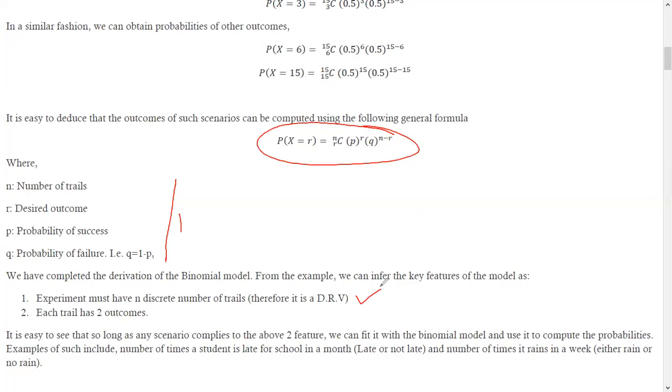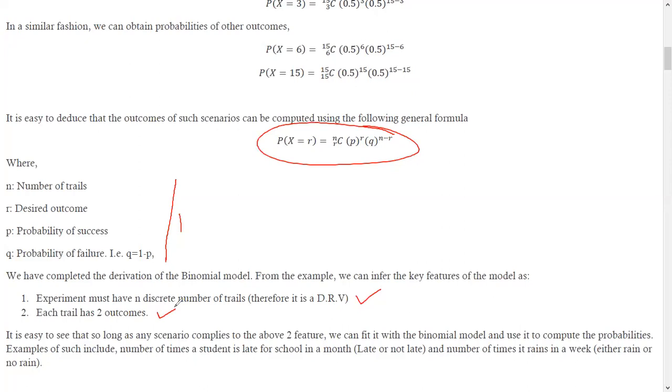Since that's the case, what we are considering here is a discrete random variable, because your random variable can only take discrete values. And for each trial, we should have 2 outcomes only. Just like the coin toss, for each experiment, either I get head or tail.